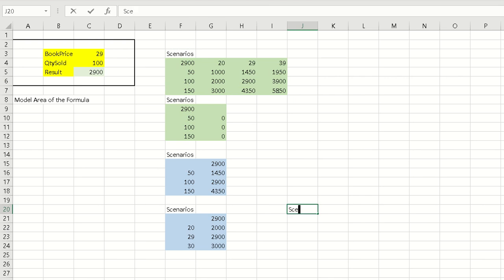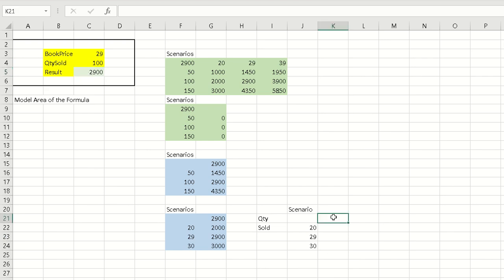In this particular scenario, you would like to change the quantity of books sold from 20, 29, and 30. I'm including 29 here to serve as a check. So if it is 29, it should be 2,900, isn't it?